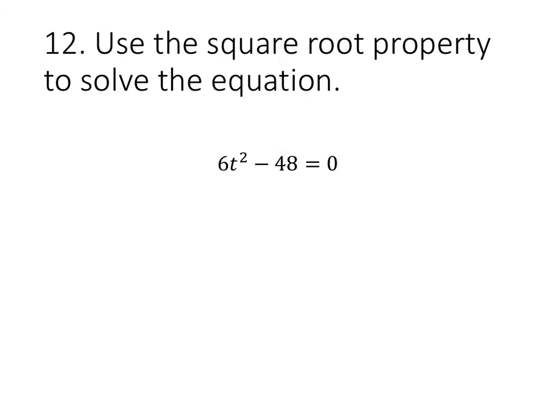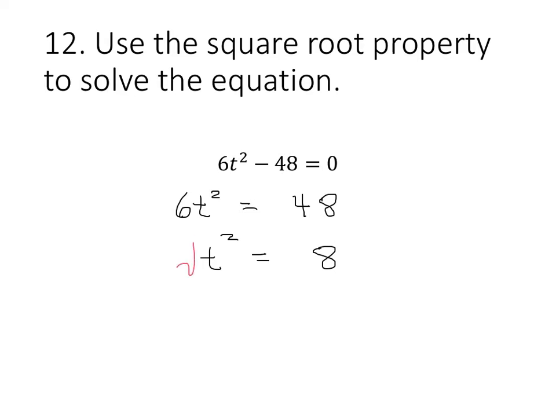We're going to use the square root property to solve this equation. First, we get our variable term by itself on the left side of the equation. And now we divide by the coefficient in front of our variable so that we get t squared equals 8.